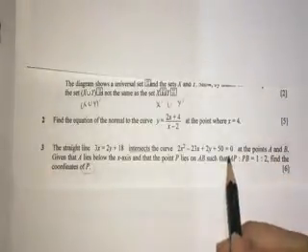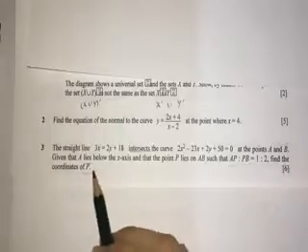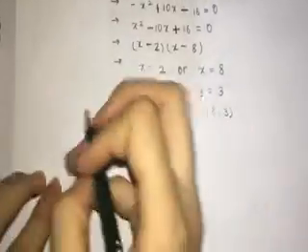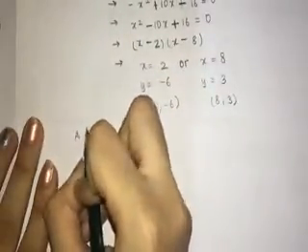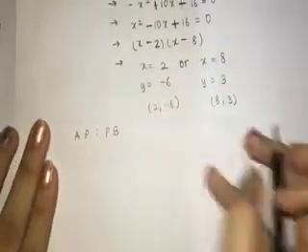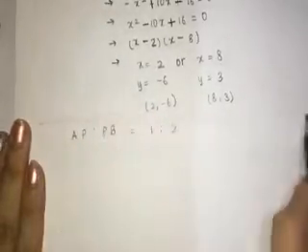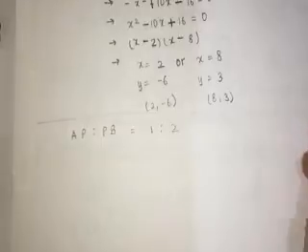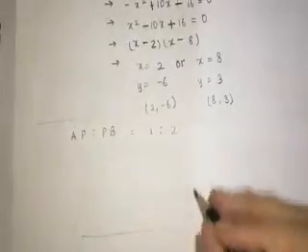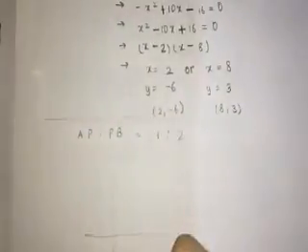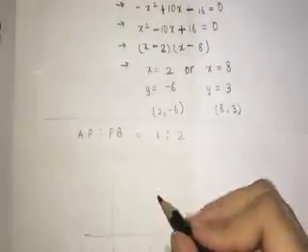Now moving on to the part of the question in which we have to find the coordinates of P. So our line is AP is to PB, which has the ratio of 1:2. Let's ignore that part. So we can just imagine that this is what our line looks like.